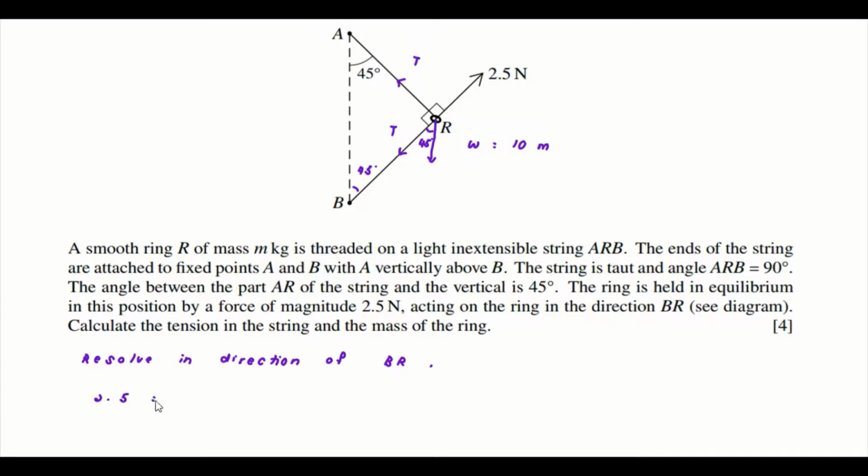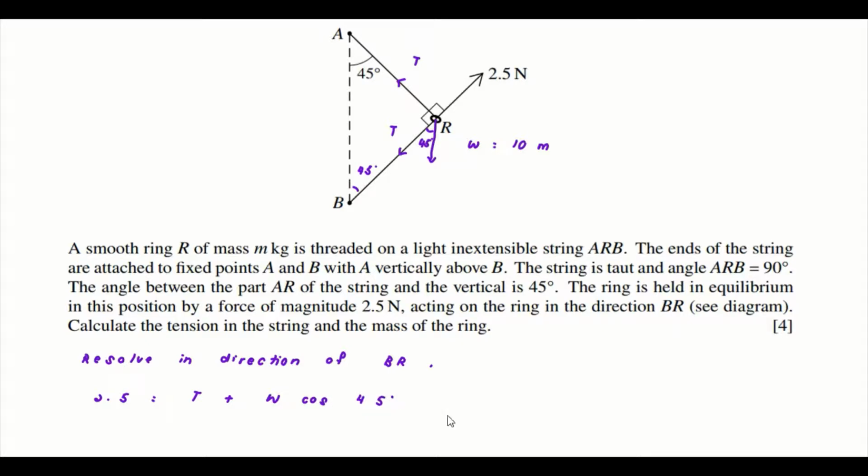It will be equal to, here it is perpendicular towards 2.5, so this tension isn't a matter here, but we have another tension here. So it will be equal to our T, plus the resolving for this part, it will be, sorry, it's not R, it's our W here. So W cos 45.